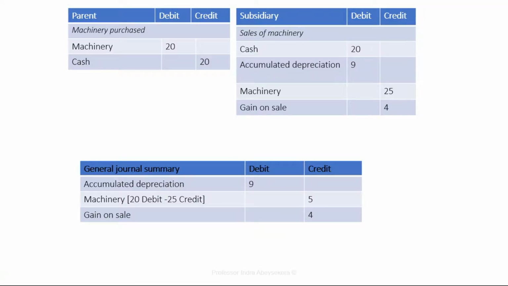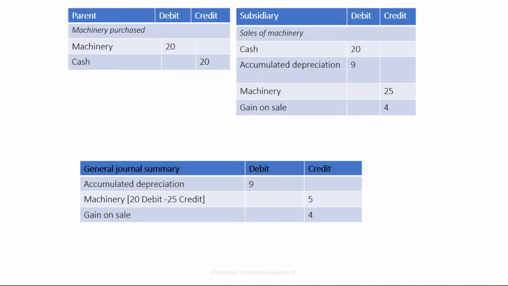These are general journal entries for individual entities, and if we combine them to make a summary, the cash cancels off. There is machinery on both sides, and the net value becomes 5.